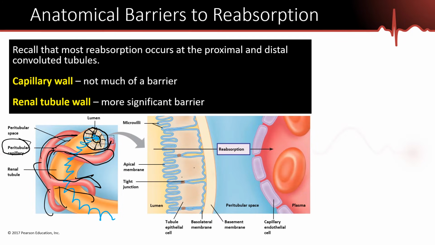What forms the peritubular capillaries? Ultimately they are formed by the efferent arteriole. The efferent arteriole leaves Bowman's capsule and then turns into a capillary bed that we call the peritubular capillaries. Here you can see the peritubular capillaries, in my example, surrounding the proximal convoluted tubule.